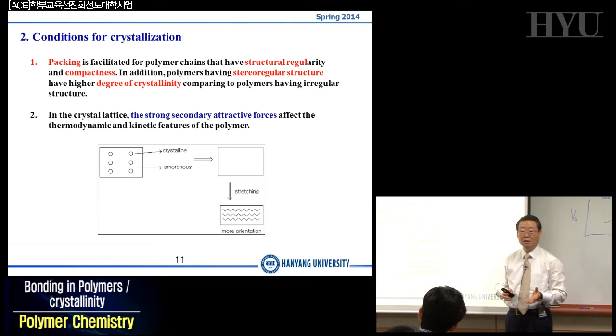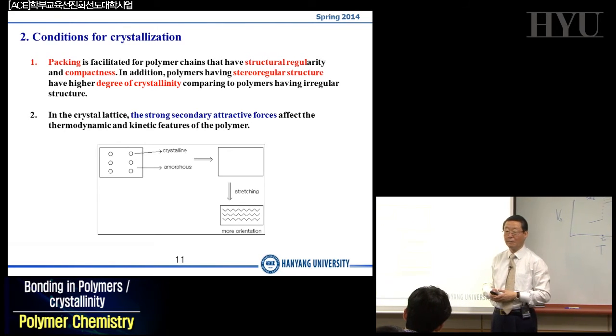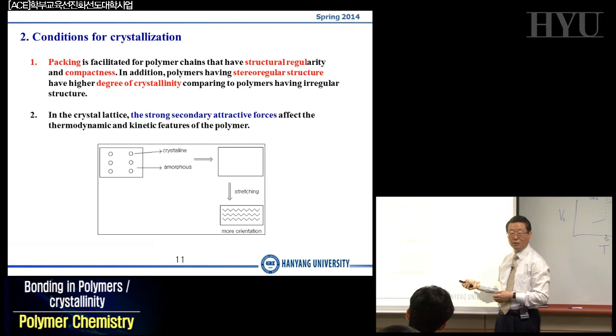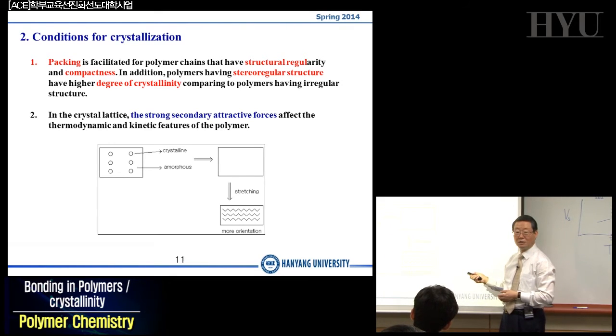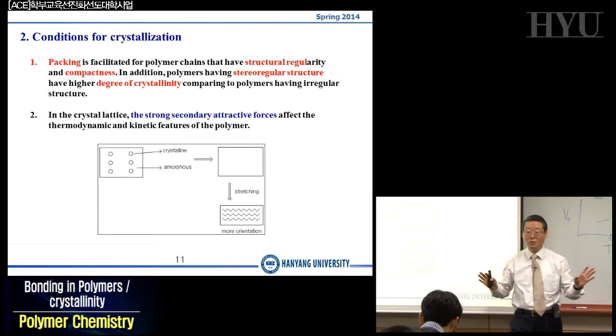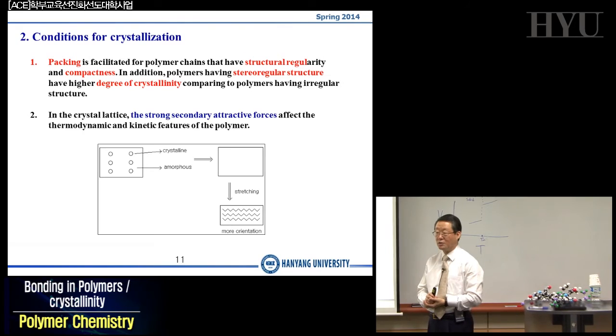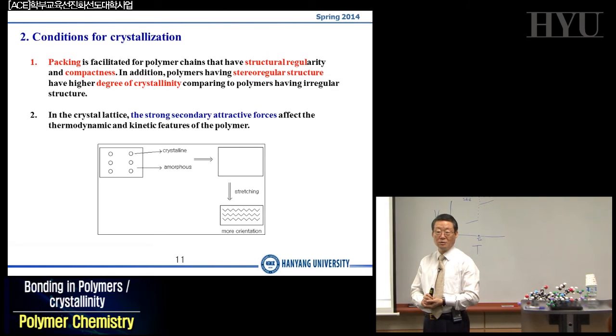Crystallinity is not the same. Although we start from a semi-crystalline material and you have a semi-crystalline material again, depending upon the conditions, your crystallinity is quite different. You do not change your polymer structure, but crystallinity changes depending upon your conditions.